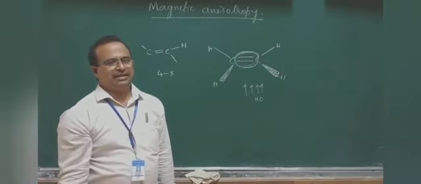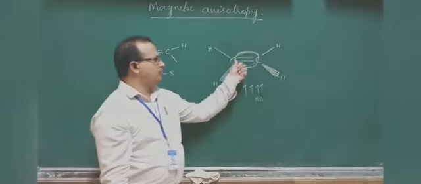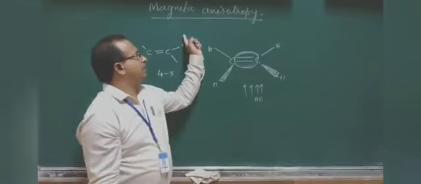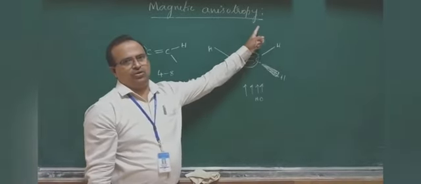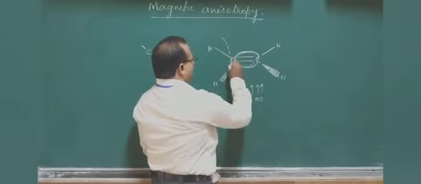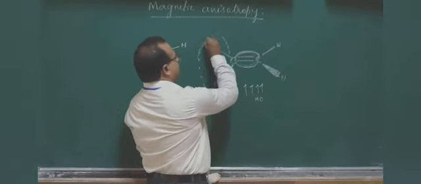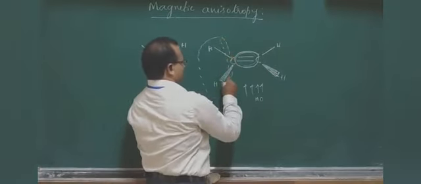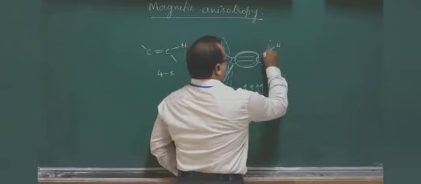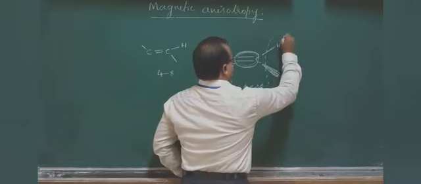And the secondary magnetic field is not uniform in all directions. It is not isotropic. It is anisotropic. So the induced magnetic field is like this.